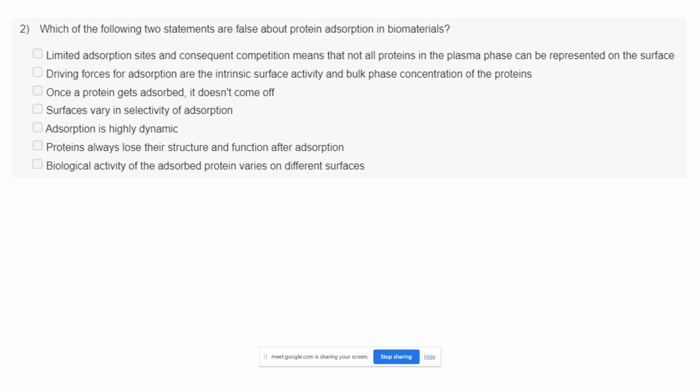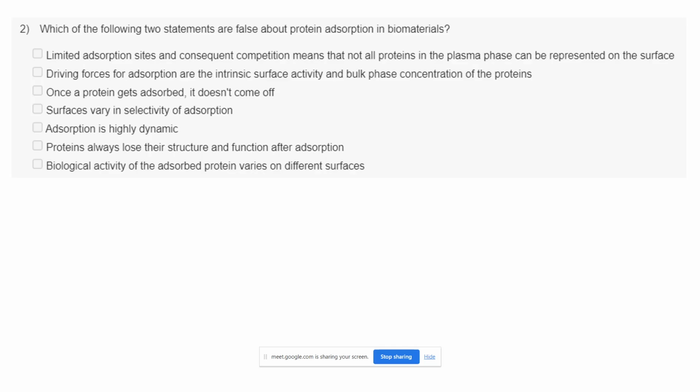So the next question: which of the following two statements are false about protein adsorption in biomaterials? The options are: limited adsorption sites and consequent competition means that not all proteins in the plasma phase can be represented on the surface. Driving forces for adsorption are the intrinsic surface activity and bulk phase concentration of the proteins.